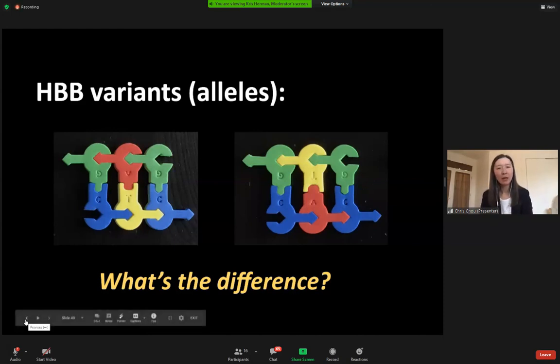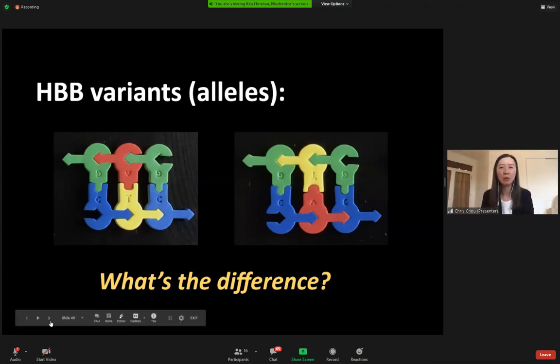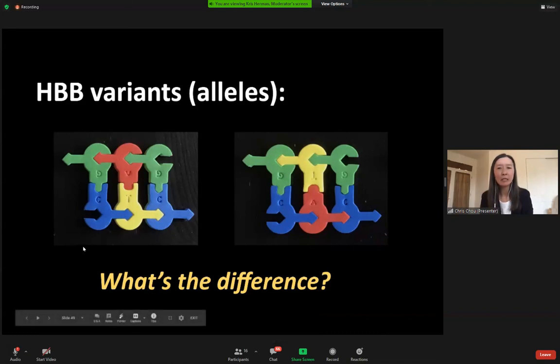All right. As we zoom into the DNA sequence of this particular gene, there can be a spot where there are 2 variants, and we call those alleles. What do you see as the differences between these 2 spots, or loci? We've modeled them with our foam there. This is kind of like a Where's Waldo moment. Can you spot the difference? You can see that A's and T's are swapped, and we want to look at that bottom strand, where on the left you see CTC and on the right CAC.